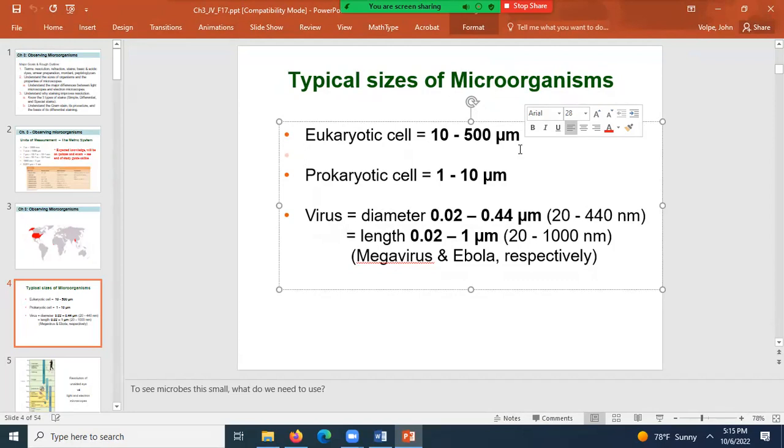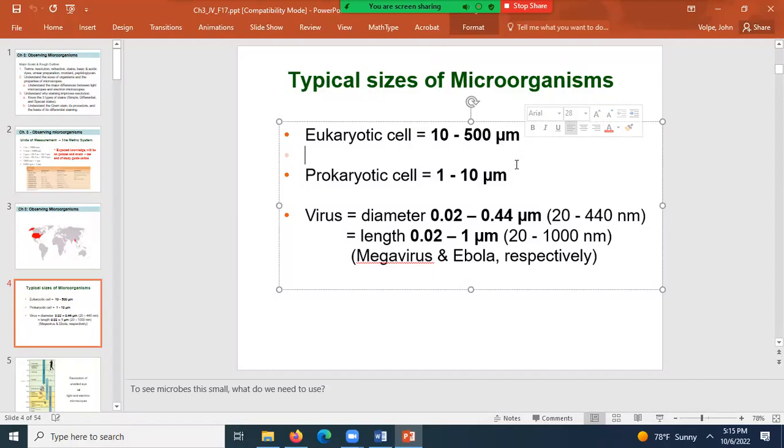The largest eukaryotic cell is the yolk of the ostrich egg, which I don't know the size of, but the yolk of a chicken egg is about that size, okay? I don't know what that is, almost an inch, a little smaller than an inch maybe. And that's the largest cell that most of you have ever seen.